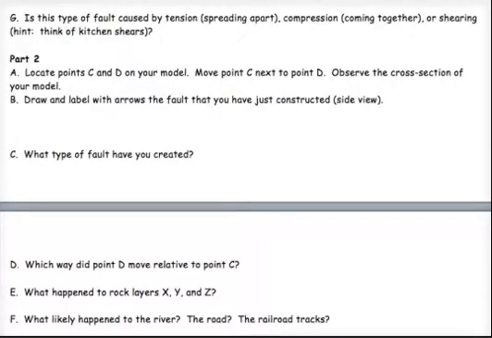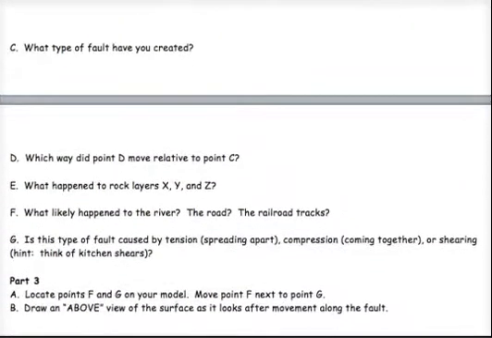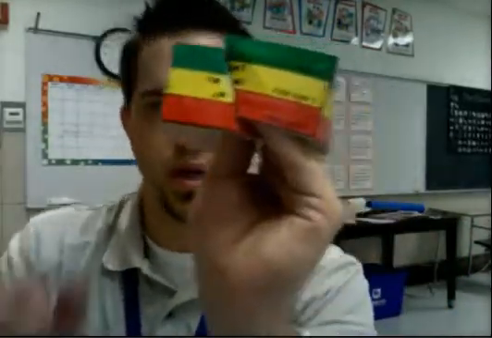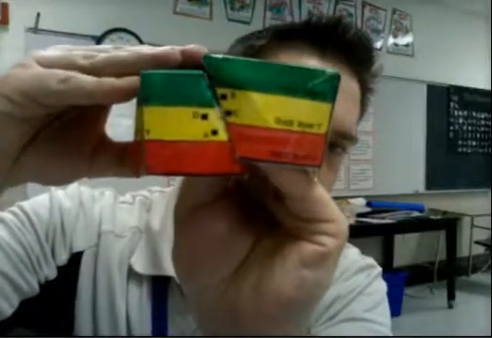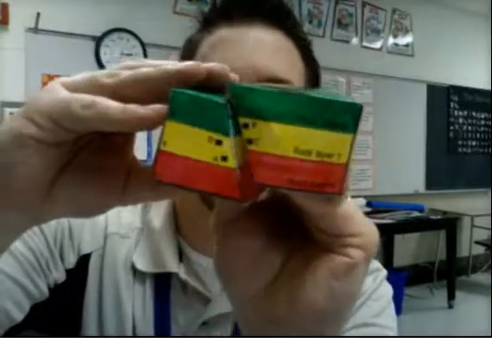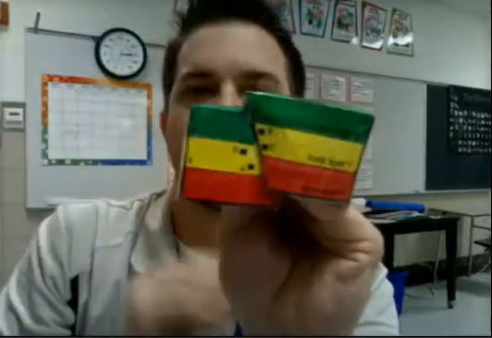For part two, it says locate C and D on your model and move C next to point D. Observe the cross section of your model, and once again we have some questions to answer for part two. So I'm going to show you what those look like, and now C and D are matched up, and you can kind of see what type of fault we have here.